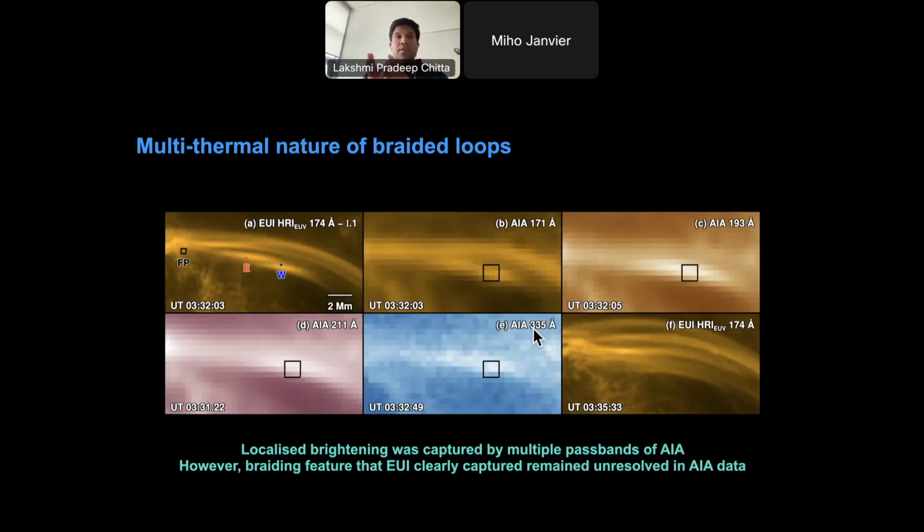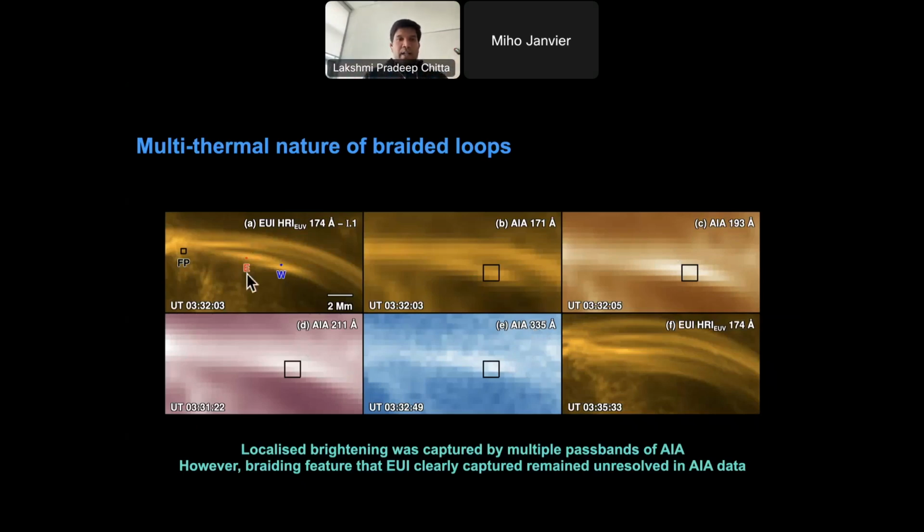And because of these ions and their ionization, we can also know the kind of temperature that might be causing this particular emission. For example, in this image of AIA 193, we are looking at emission from plasma at about 1.5 million Kelvin, whereas in this AIA 335 angstrom channel, we are looking at plasma at around 2 to 3 million Kelvin. So it's a multi-thermal plasma.